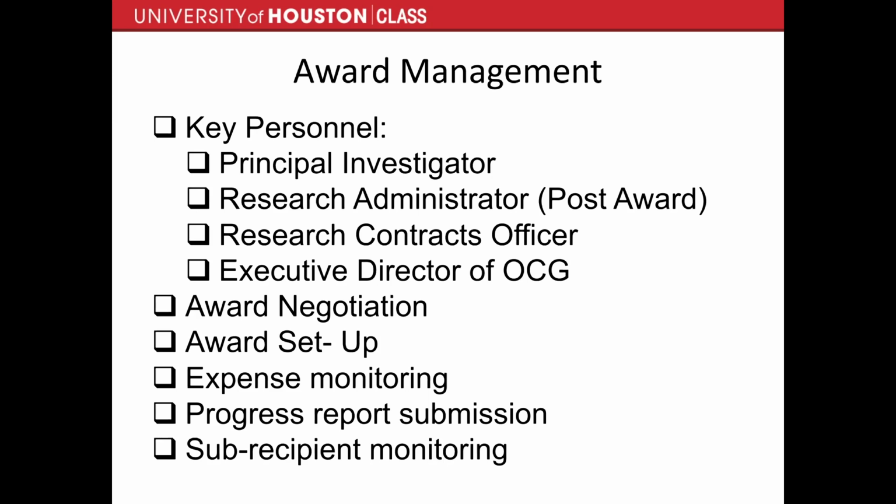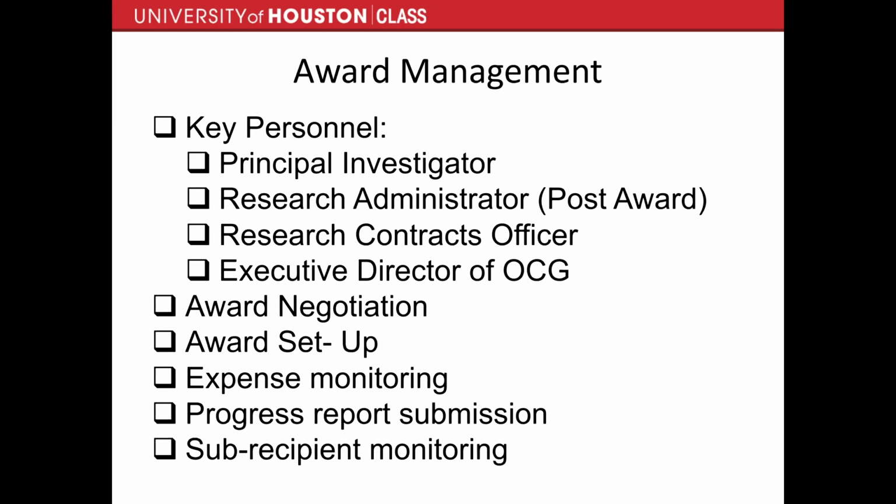So this is at the award negotiation phase. These two people will probably be the main people that you work with, because they are basically negotiating the terms and awards of the agreement, reviewing to make sure it's in compliance with UH standards, and making sure that the needs of the sponsor fit within what the institution upholds, and things like that.